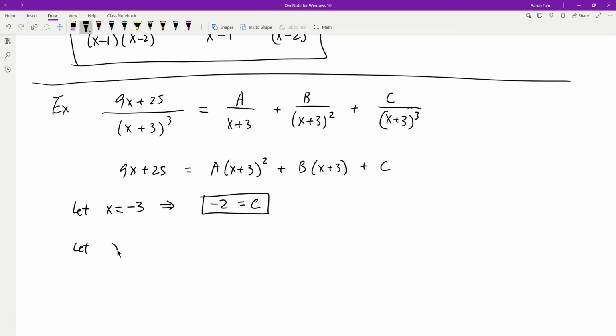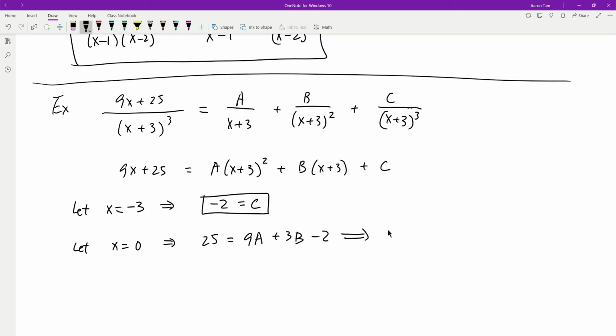So here I'm going to pick one of the easiest numbers to plug in, which is 0. When I do that, I have 25 equal to 9A plus 3B plus C, but since we know what C is, I'm going to put down C, which is -2.